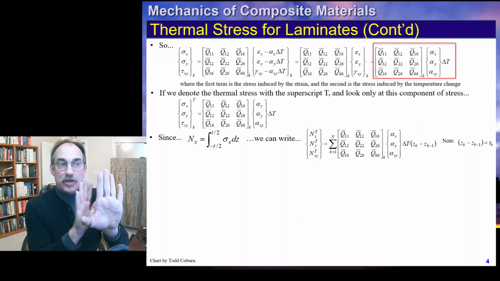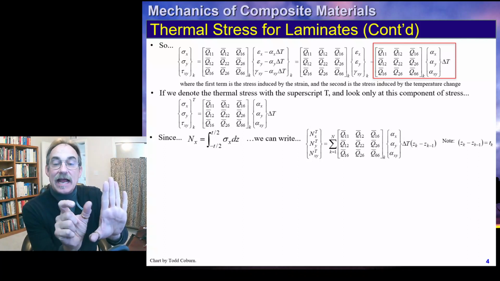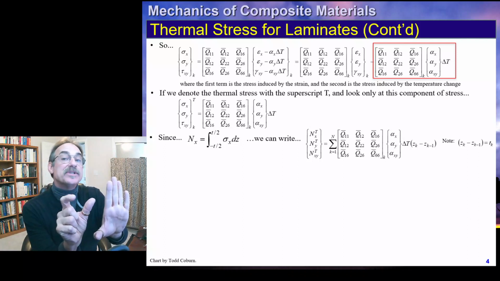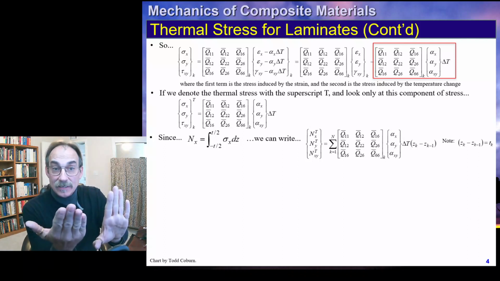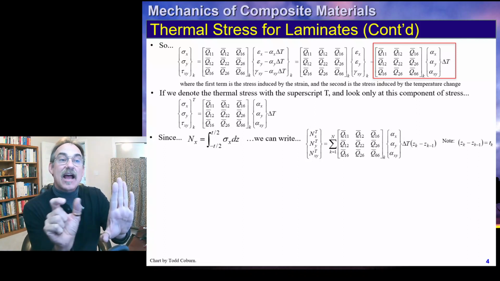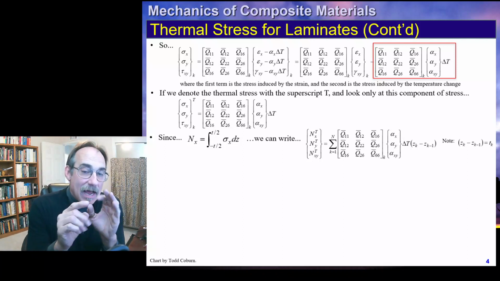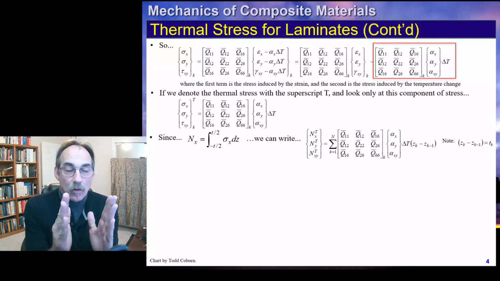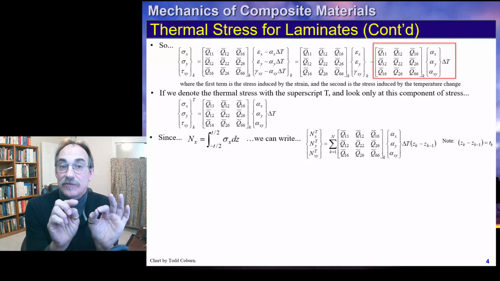Remember, what we're doing here is taking the Q-bar and multiplying by the thermal strain alpha delta T. That alpha delta T thermal strain is how that ply wants to behave in response to the temperature change. And so when we multiply that, if we just think of that as just a strain, we pre-multiply by the Q-bar and by the thickness, that's going to tell us how much running load is caused by that thermal strain, or actually how much running load would cause the exact same amount of strain as the thermal strain.